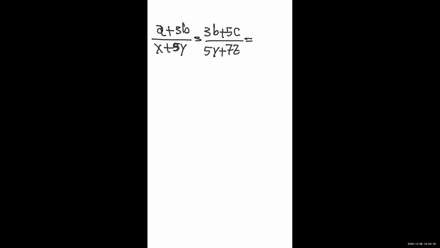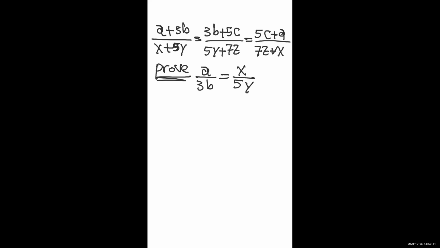So it will equal also (5C plus A) over (7Z plus X). Okay, now prove A over 3B equals X over 5Y.